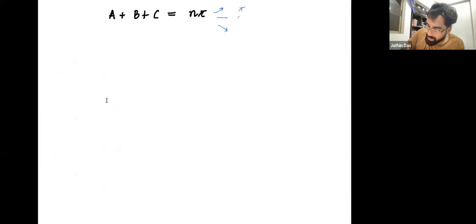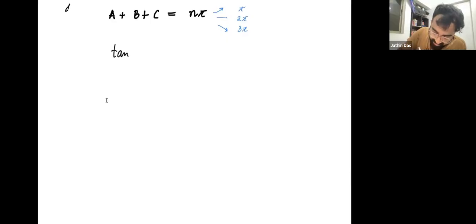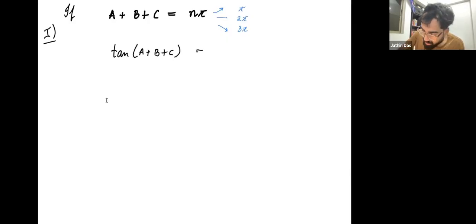So it can be pi, it can be 2 pi, it can be 3 pi. If they say ABC are the angles of a triangle, it becomes pi. Okay. Yeah. Now, so I'm taking tan on both sides. If this is case 1, okay, I'm taking tan on both sides.